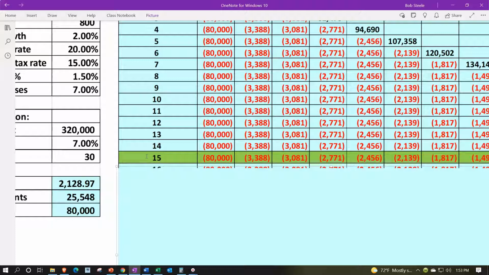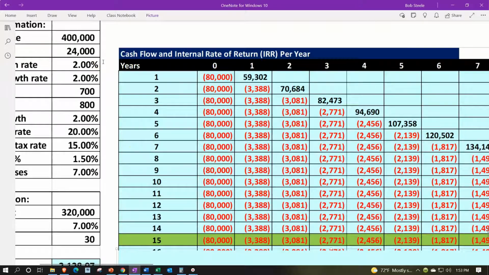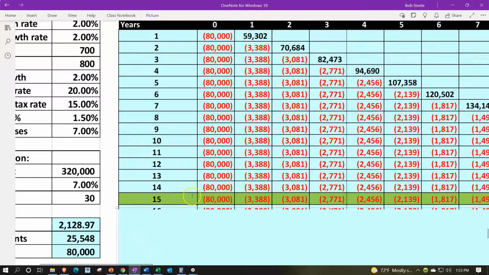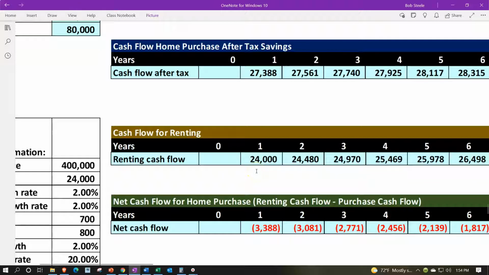So if I was renting, I started off renting at $24,000, and purchased the home, putting $80,000 down up front. Then we have the difference between the cash flows from my current position renting versus owning the home, which we calculated up top here. I'm at $24,000 in year one versus having more go out, $27,388.